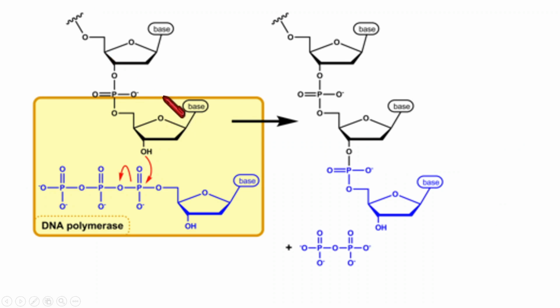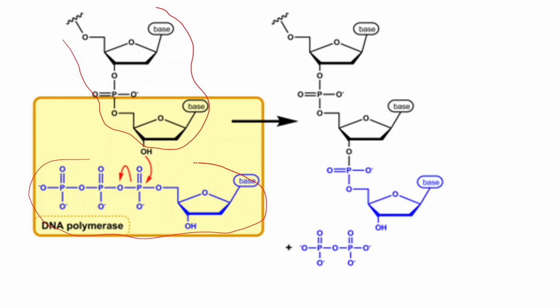So this is a portion of a polynucleotide chain, this much area. And here we can see one nucleotide triphosphate. Here one sugar is there, base is there, and three phosphate group is there. And the 3 dash end of this polynucleotide chain interacts with this phosphate group and form an ester bond connecting these two sugars that we can see here.